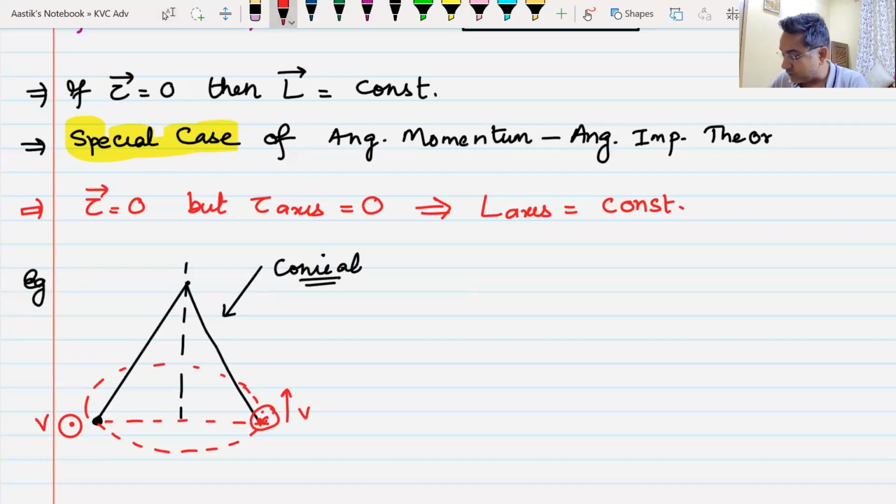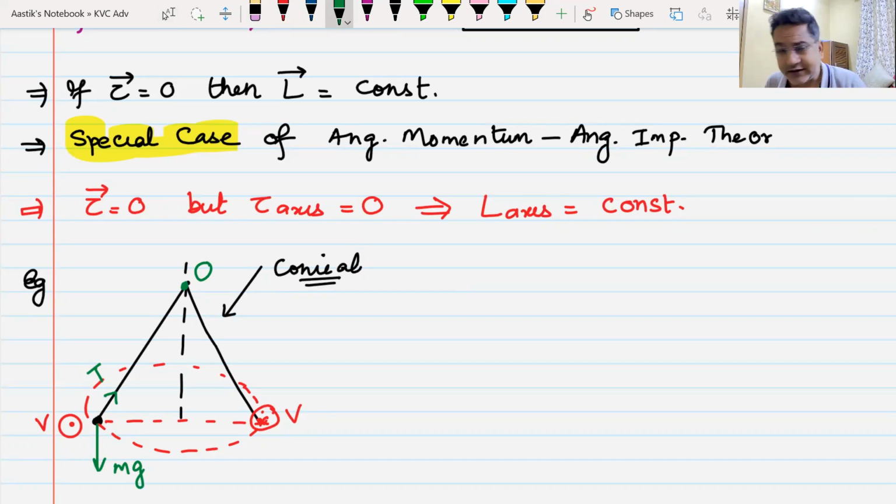That v is coming out from here, and the body is going here. If I draw the free body diagram of this body, the weight mg is downwards, and the tension T is like here, pointed towards the center. Yes or no? Yes, sir.